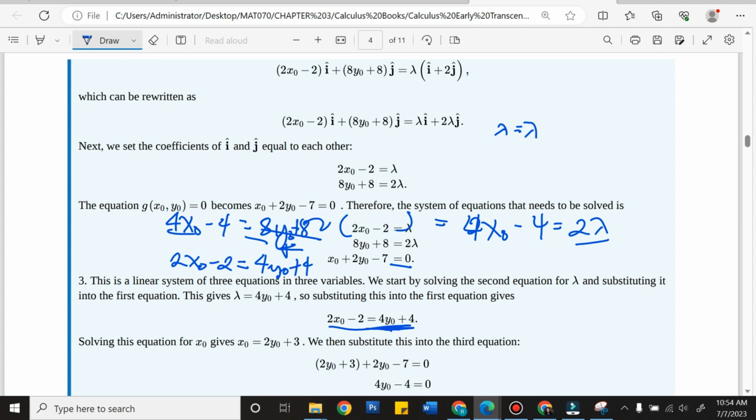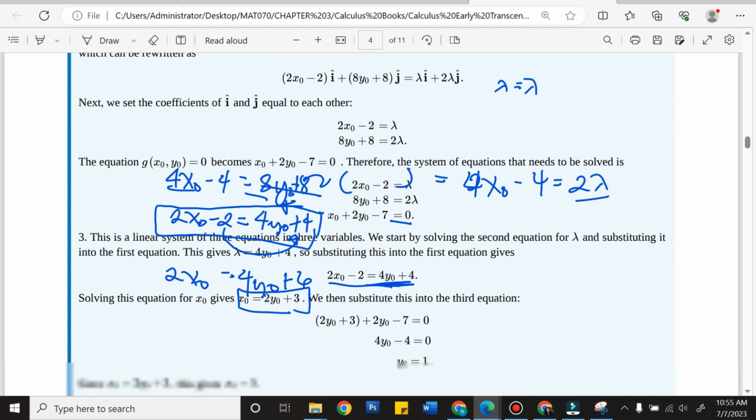Now, after you get this, class, we will now solve the equation. We will now get the value of x sub o. Now, how do we do that? We can transpose negative 2 there. So, you will have 2x sub o equals 4y sub o plus 6. After that, you divide both sides by 2. So, for x sub o, what remains is x sub o equals 2y sub o plus 3.